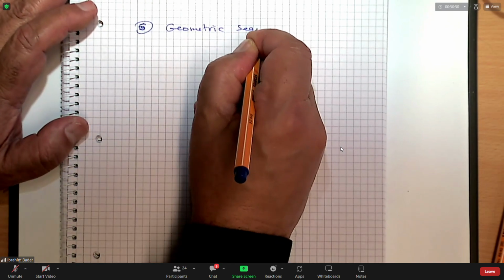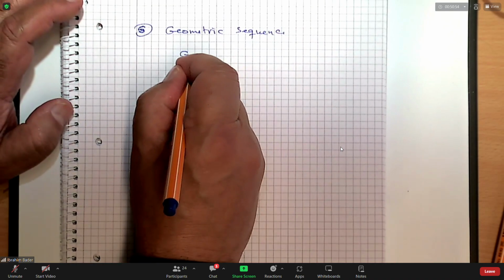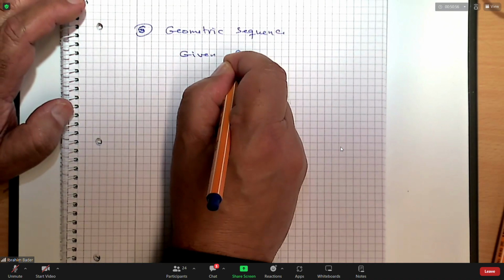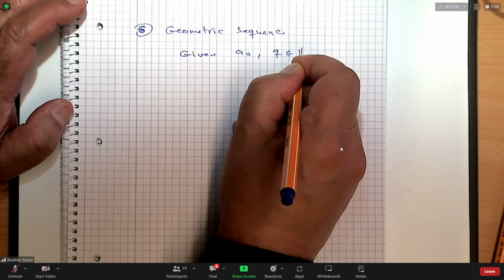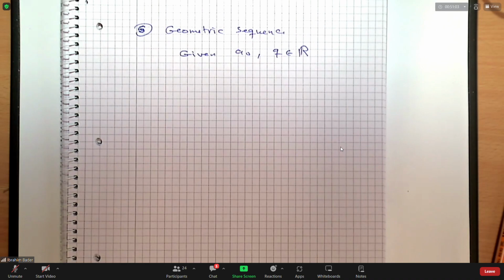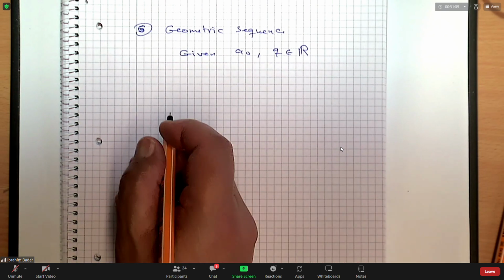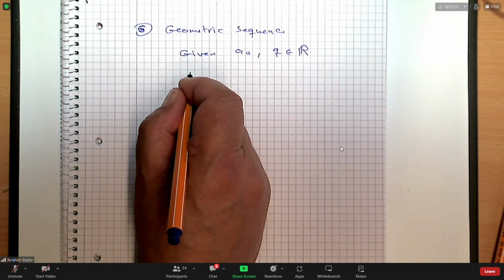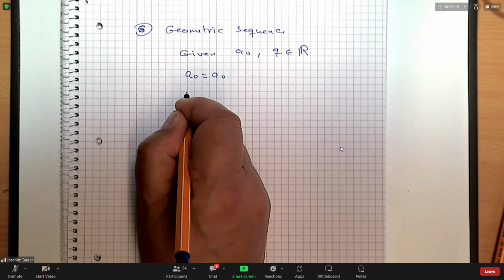Geometric sequence is, again, here you are given A0 and some real number, which is Q. Now this Q here is called the ratio. Now A0 equals A0, of course.